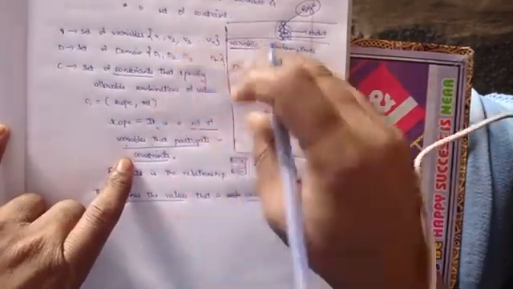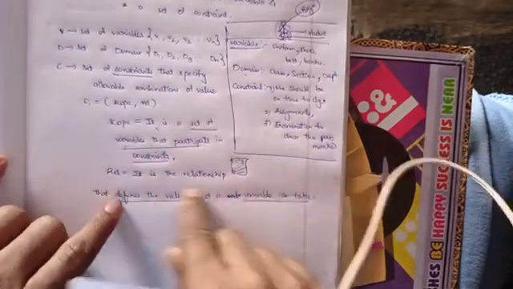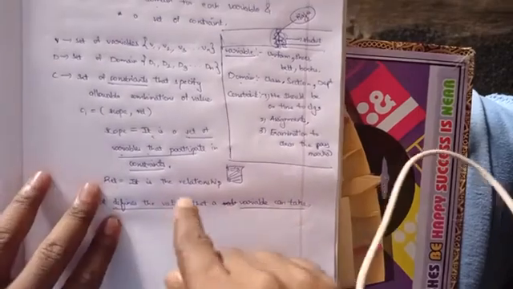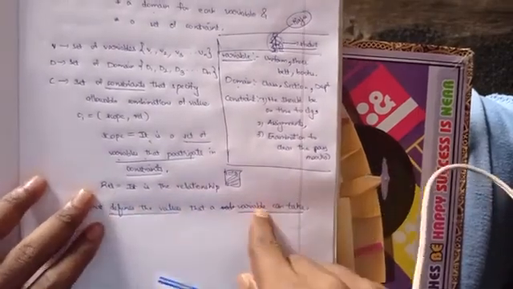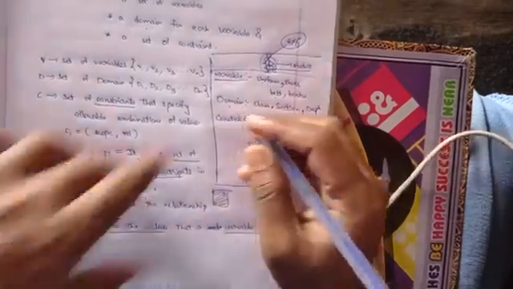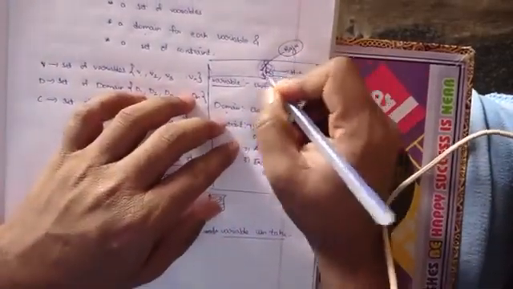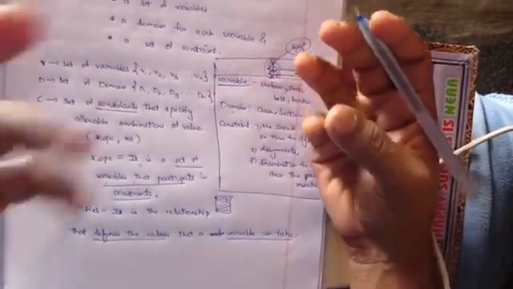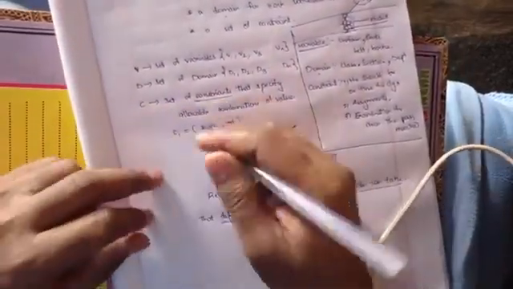In a group of a class, each and every individual will belong to the scope. The relationship defines the value that a variable can take. Here Raju is the value. For example, if you call him Raju, he will definitely respond. So that is the relation and the scope. That is C of i, the set of constraints.